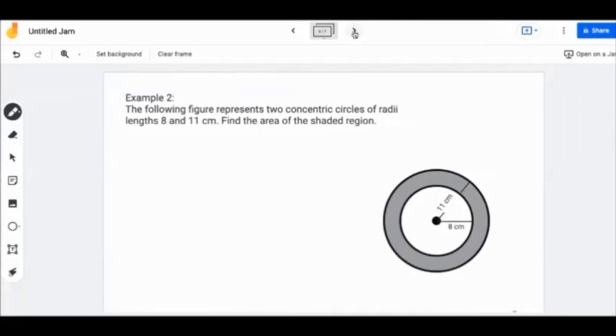Another example. This one is more complicated. We have two concentric circles, one of radius 8 cm and the other one of radius 11 cm. And we want to find the area of the shaded region. How can we do this? Any ideas?